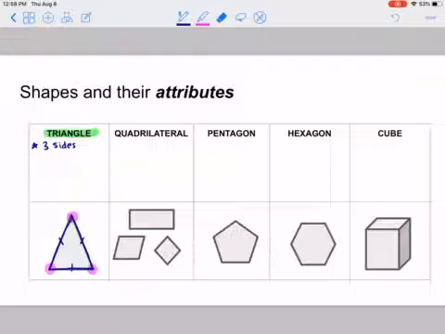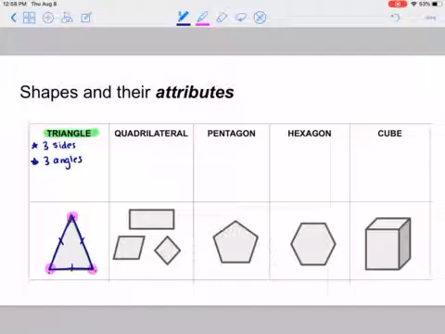A triangle has three sides, and how many pink dots do I have? 1, 2, 3. It has three angles.